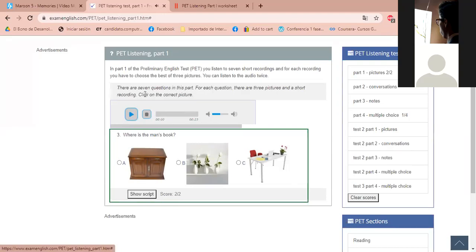So, guys, can you share with me the right option, A, B, or C? Here we have A, C, A. Wow, why do you think it's the right one, letter A? ¿Por qué crees que la correcta es la letra A? Tell me.